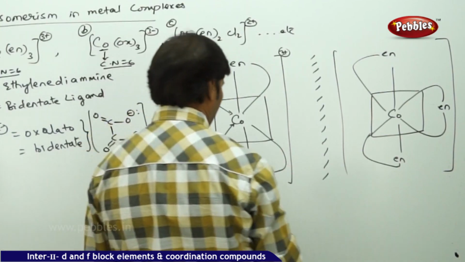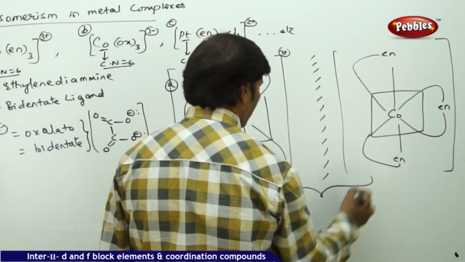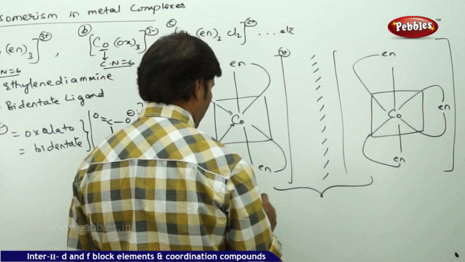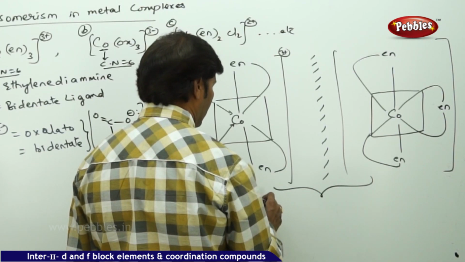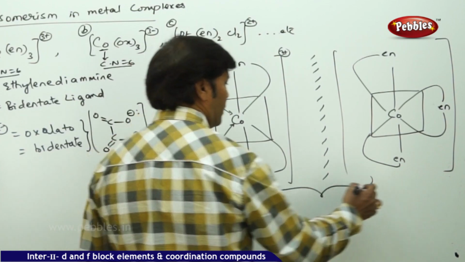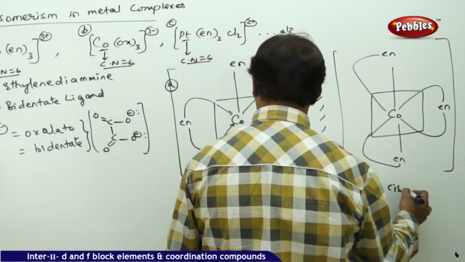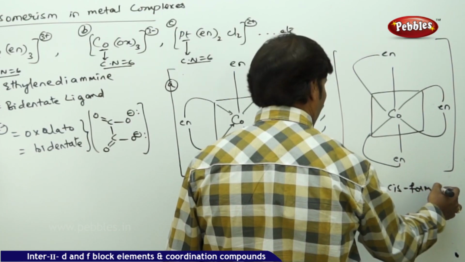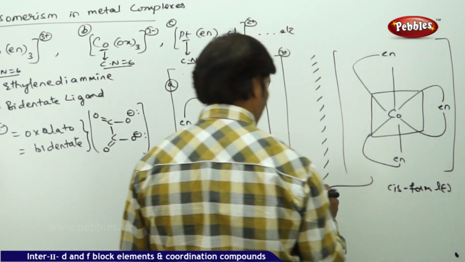So I can say that these two are cis of dextro form, cis of D of plus, and this is cis form of L of minus.